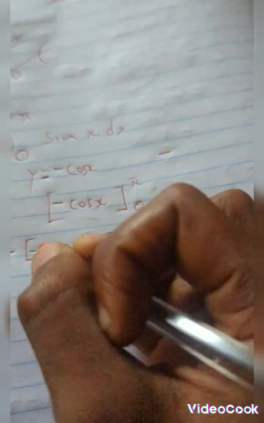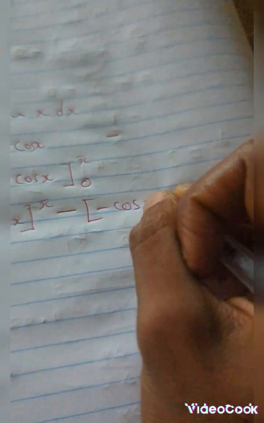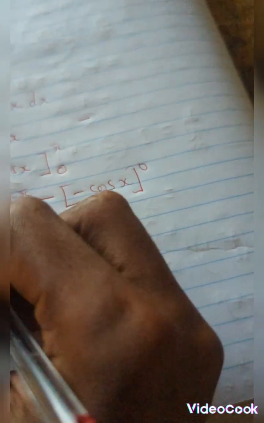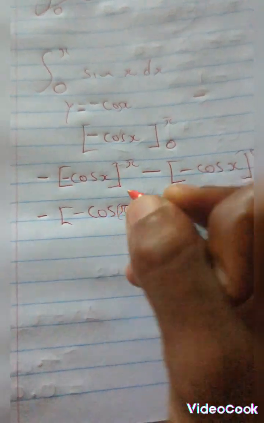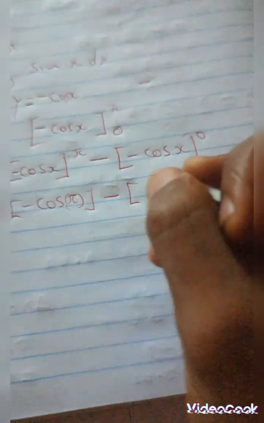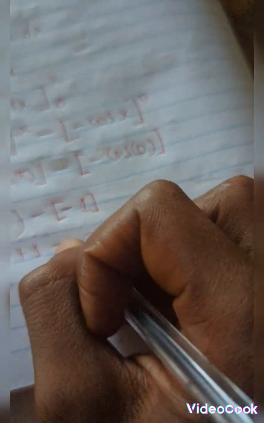We start with negative cos x at pi minus negative cos x at 0. So it will be negative cos pi minus negative cos 0. When we punch, we get negative 1 minus, even this side, negative 1. When we do our mathematics, it will be 2.